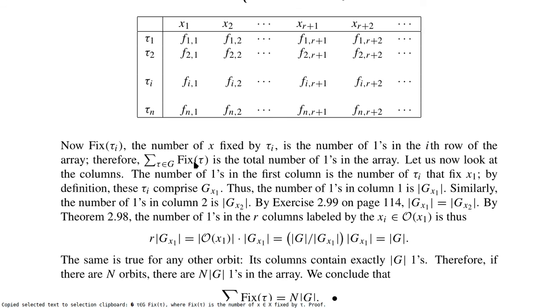So now the number of ones in the first column. Okay, so the number of ones in the first column is going to be the order of the stabilizer, right? It's going to stabilize x1, right? Same for x2. So these columns are all the stabilizers of the x's that you have.